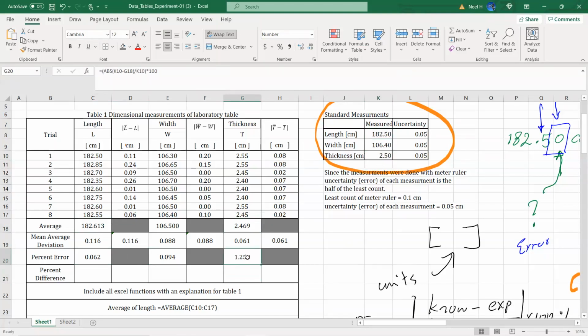Thickness is a smaller number, so a first decimal place error is actually a much bigger error. But the length is 182 centimeters. First decimal place is a 1 millimeter error, so it's negligible. So that's why we do this percentage error. It's a very important observation to understand how much error happened in our experiment, in a particular measurement, okay?